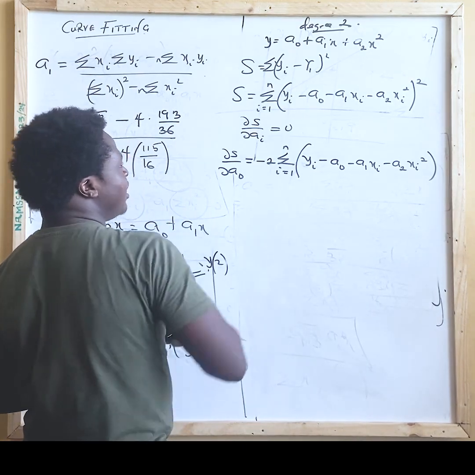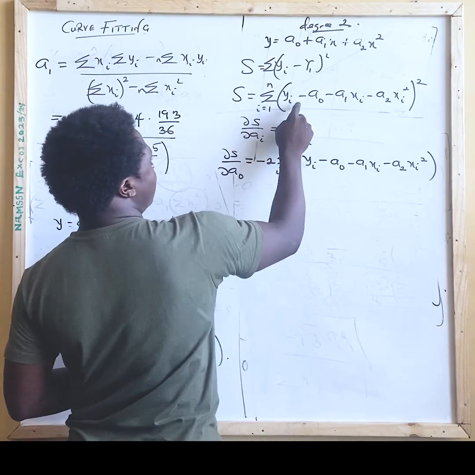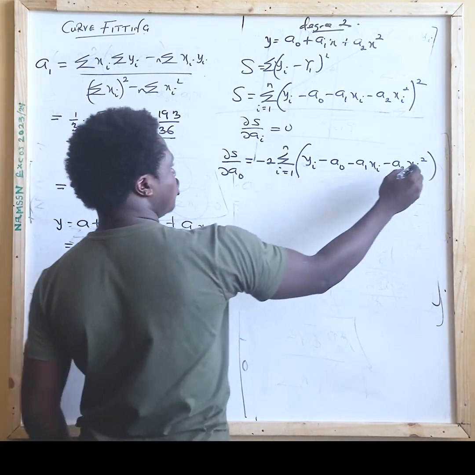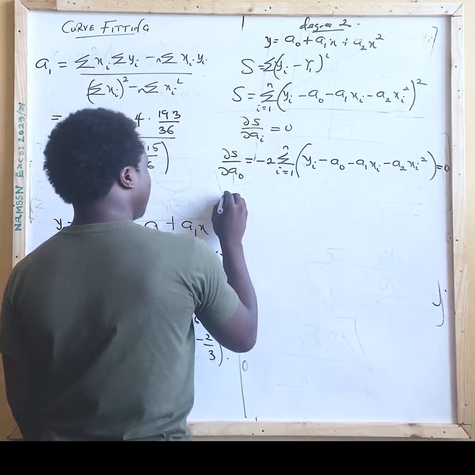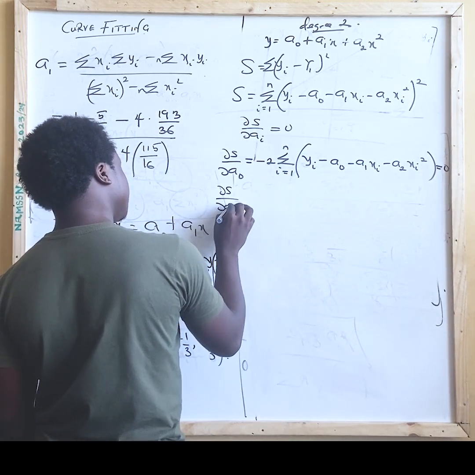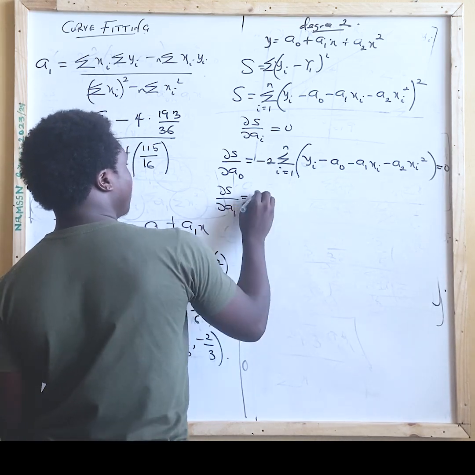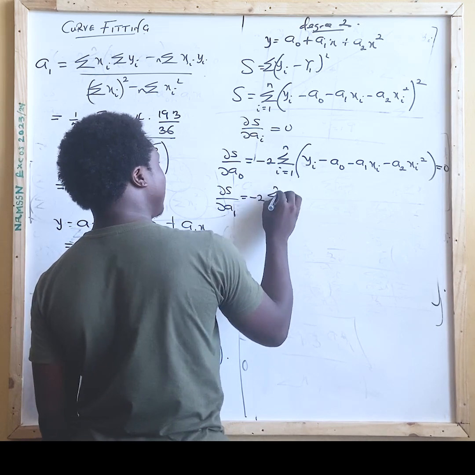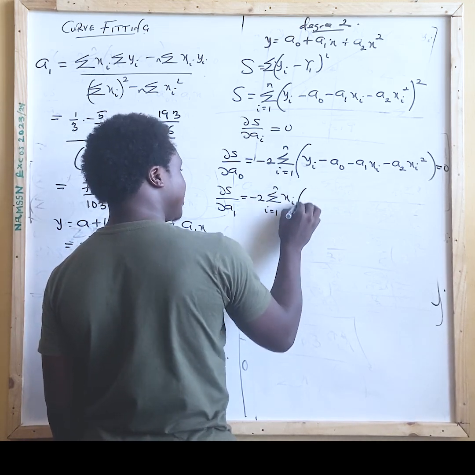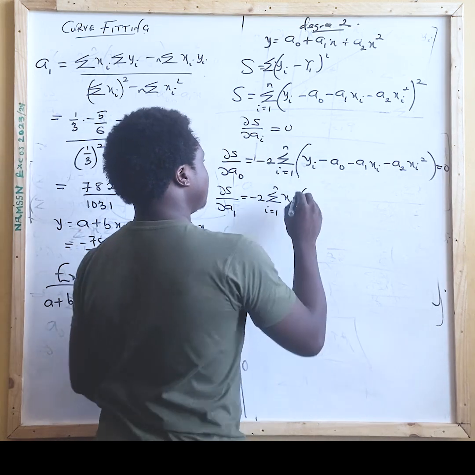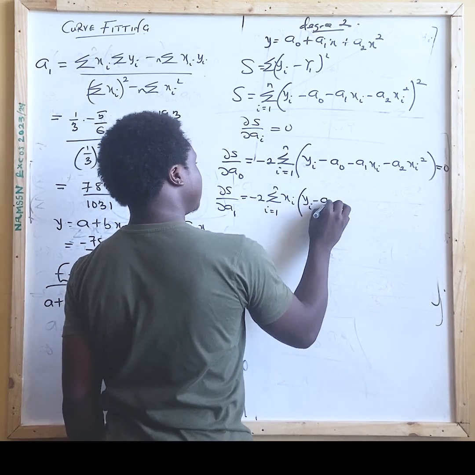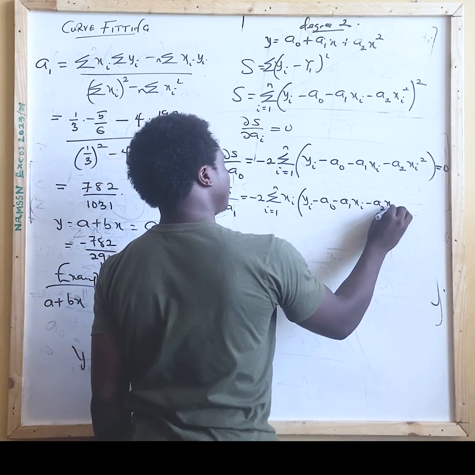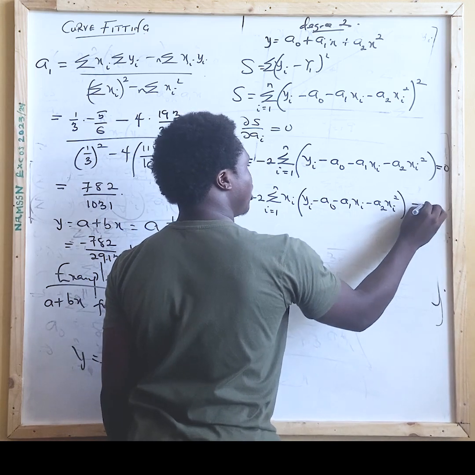Here we're differentiating with respect to a0, so the coefficient is minus 1, and of course it should be 0. The derivative with respect to a1 will be minus 2 summation i from 1 to n, and here we have xi times everything we have here: yi minus a0 minus a1 xi minus a2 xi squared, and it should also be 0.